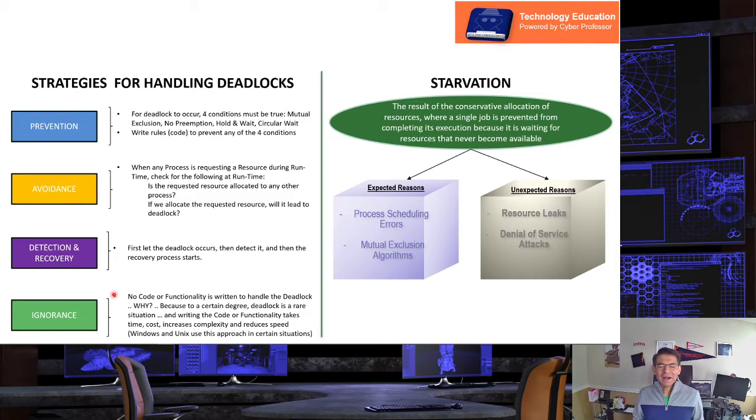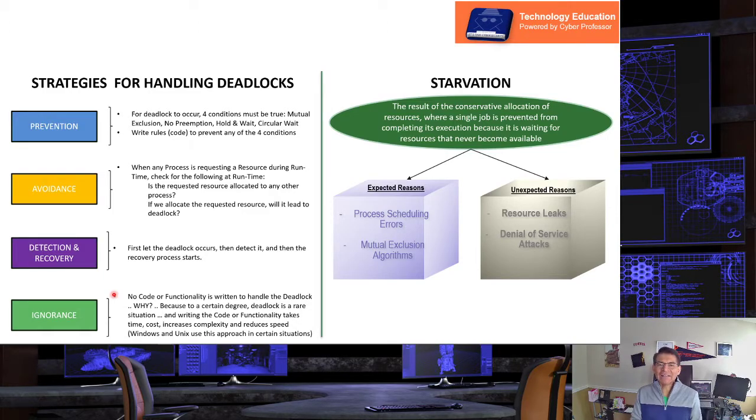So ignorance is based on the fact that on a healthy hardware, you don't see deadlocks happening that often. So writing the code or functionality to prevent or avoid deadlocks is time consuming.